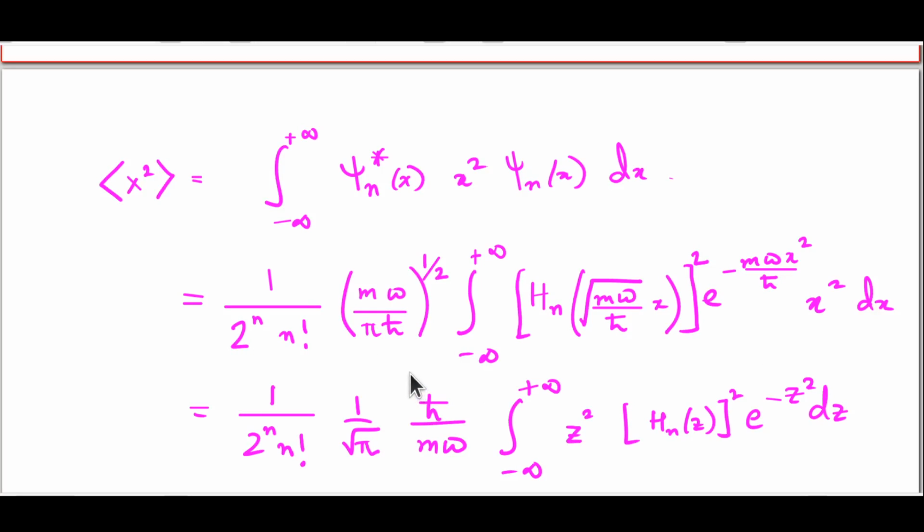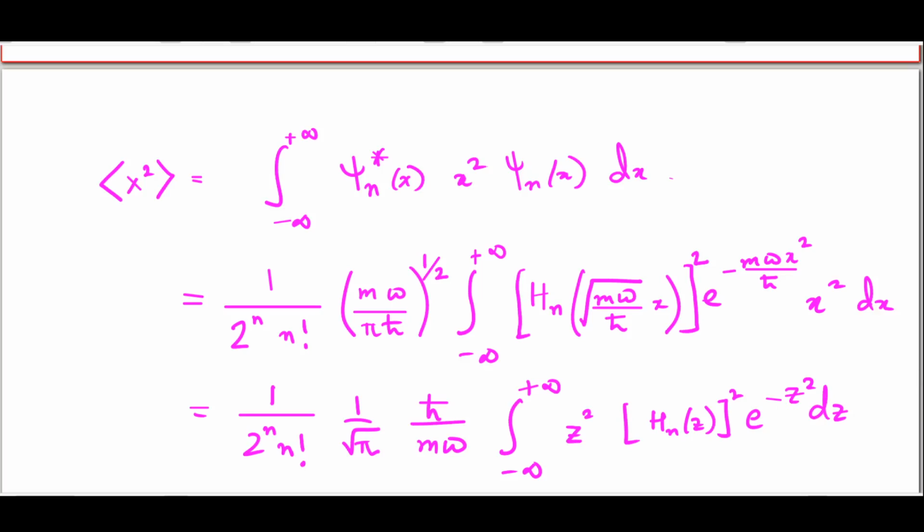I will leave you to worry about whether the factors in front are okay, but that should be easy enough to check. And once again, with the standard substitution, standard by now, that is root over m omega by h cross x equals z, this is what you are going to get. Once again, you should convince yourselves that the factors in here have been calculated correctly.